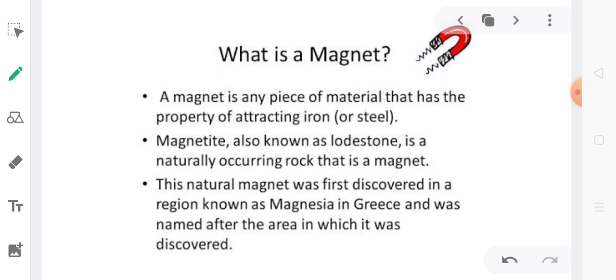Now, I would like to tell you briefly about how the first ever magnet was discovered. You might have studied in your junior classes that once a shepherd named Magnus was coming down from a mountain when he found that his iron rod got stuck on the rocks. He was surprised to see why his iron rod was getting stuck.